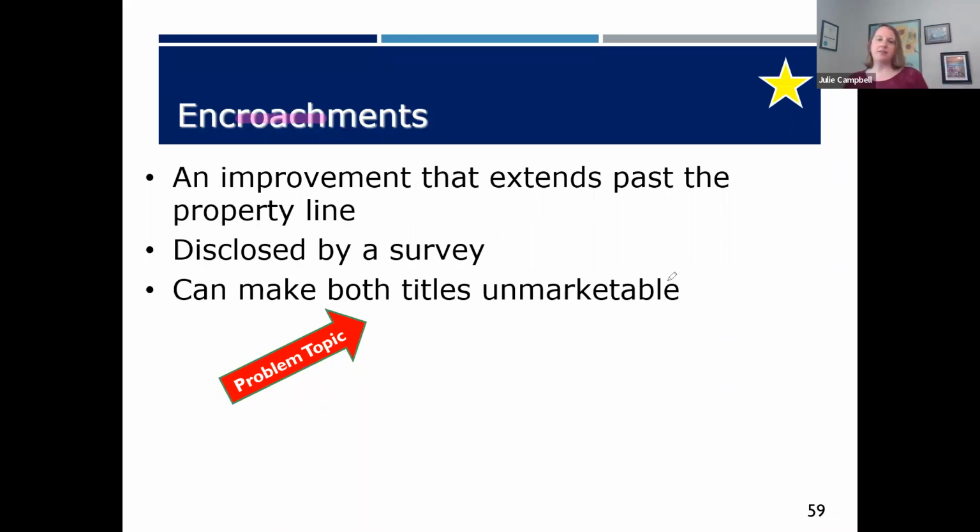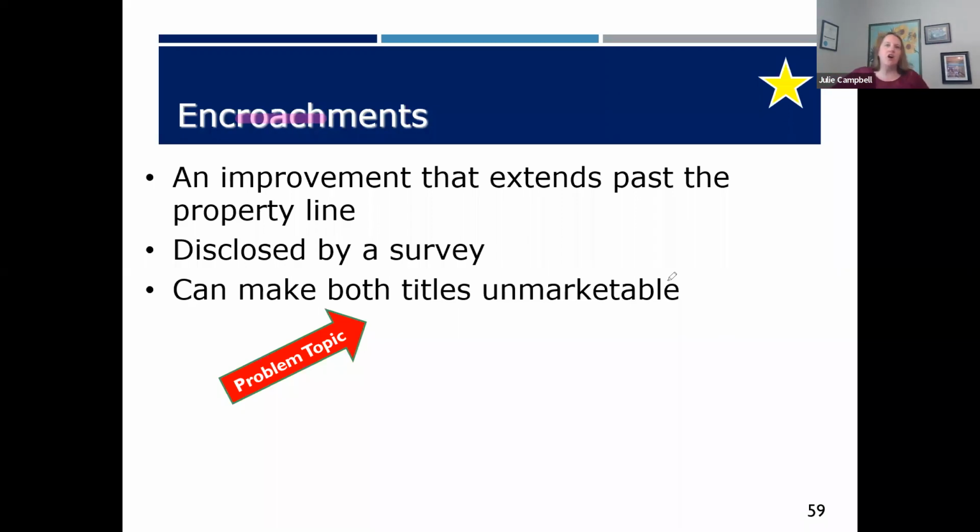I can't tell you how many times I've been out with buyers showing property and we're in a backyard somewhere. And I start the conversation about getting a survey done. And they say, Julie, I don't need a survey. Do you see that fence right there? That's what's going to tell me where my property line is.